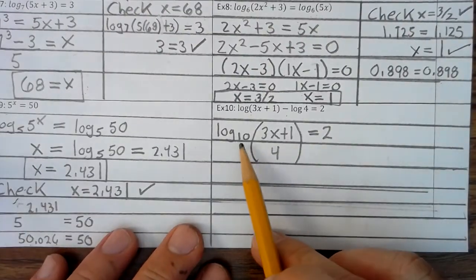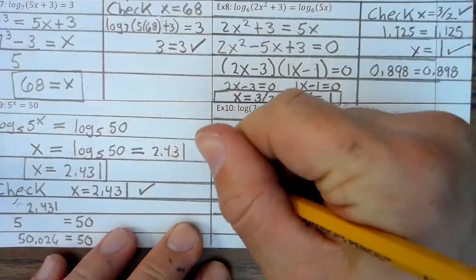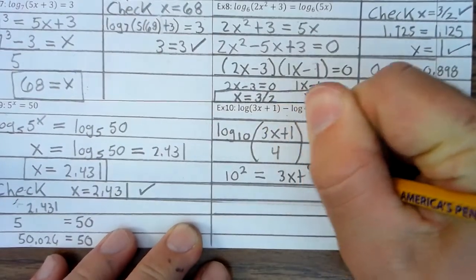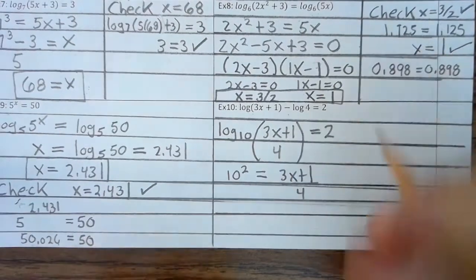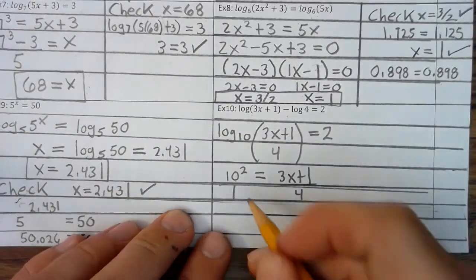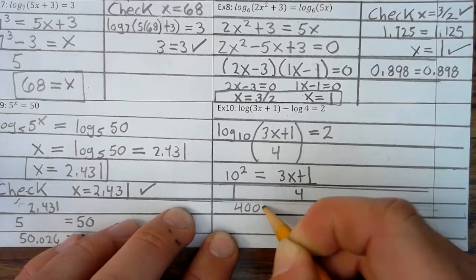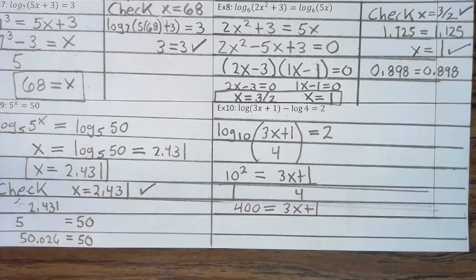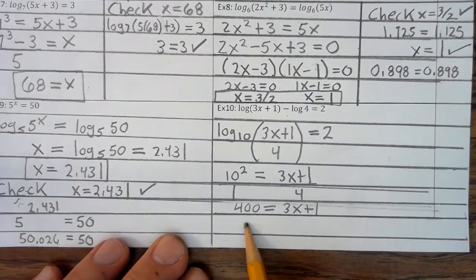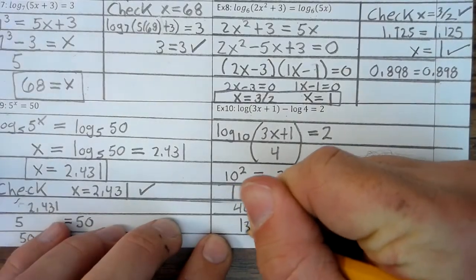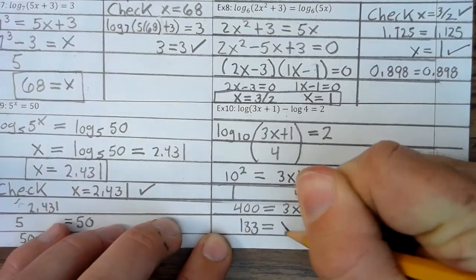Now we can convert this to exponential form, so we know that that's 10 squared equals 3x plus 1 divided by 4. We can now cross multiply. 10 squared times 4 is 400 equals 3x plus 1. We subtract 1 from both sides, divide by 3. We get 133 equals x.